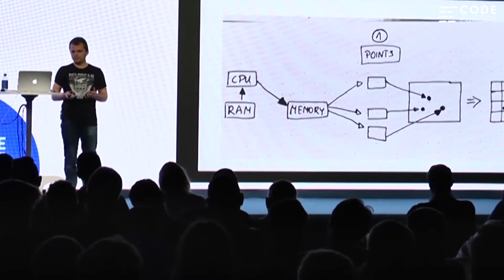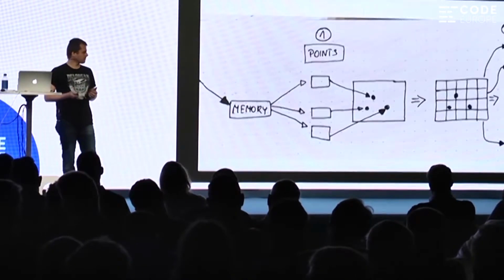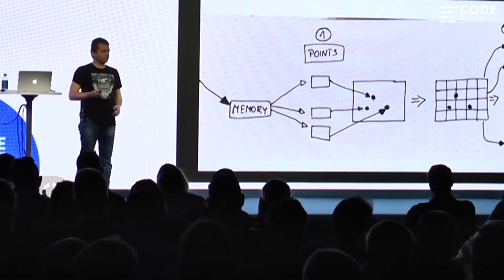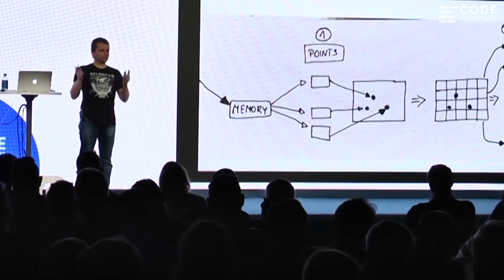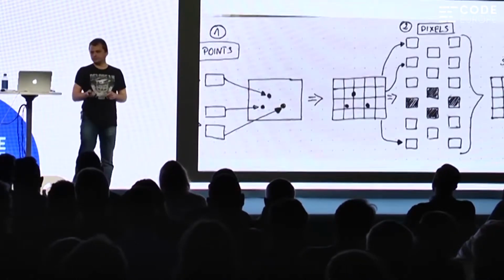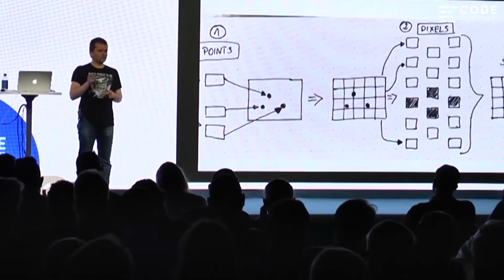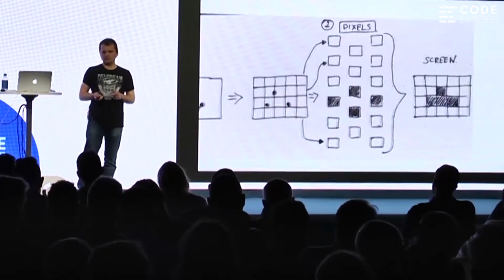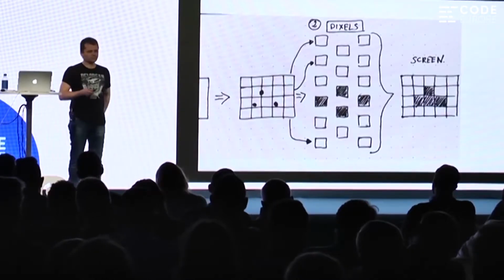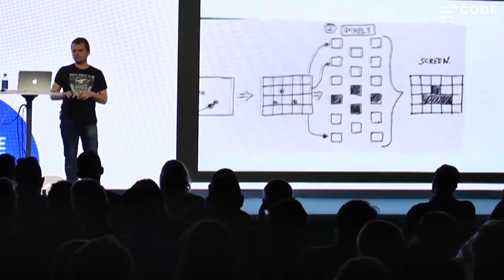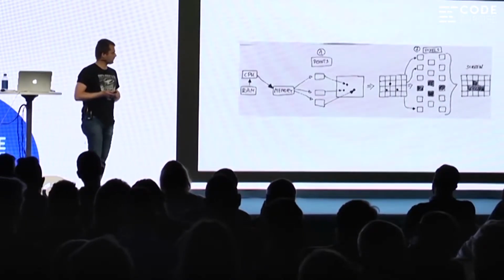That's the second step. After it's done, it can divide the screen into a one pixel grid and start calculating the colors of each pixel separately. And at the end, colors are joined to be one screen. OK, that's the whole model.